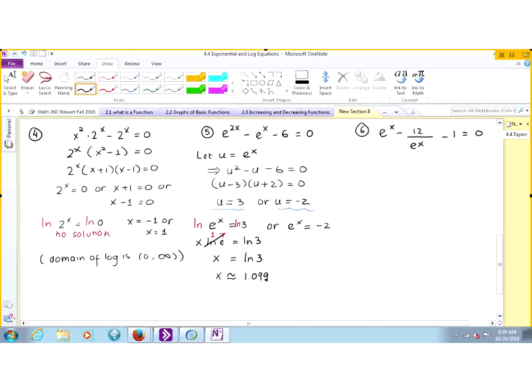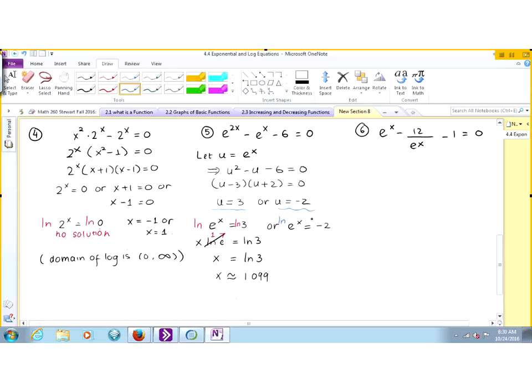Okay, then what about the other one? e to the x is equal to -2. No solution? Yes. You remember the graph of e to the x looks like this. Where is the negative? So if you remember the graph, you can write no solution directly.